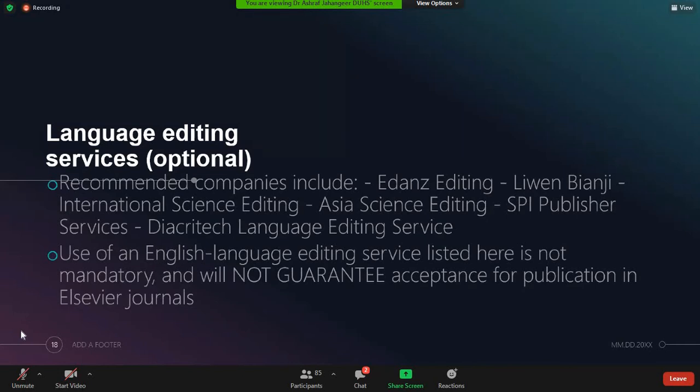But if you know someone who is a native English speaker and has some science background, a friend, a relative, or anyone, you can always ask them at the final stage of your manuscript to please read this manuscript and tell us, is it good enough for a reader like you or not.